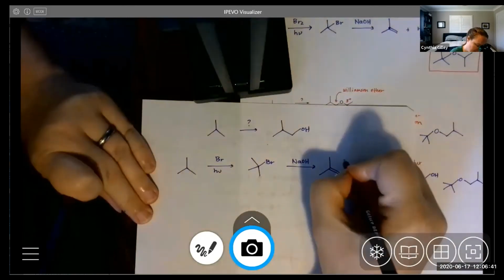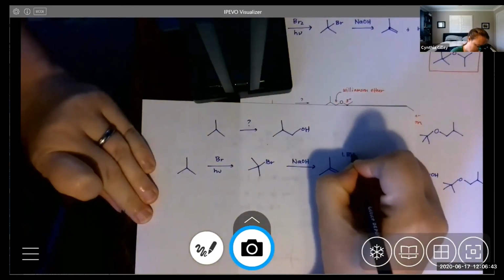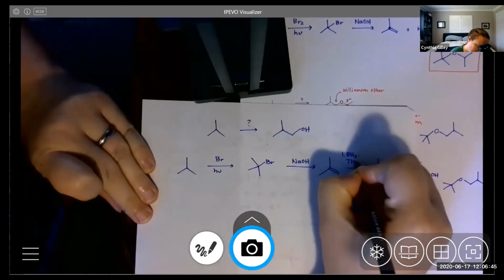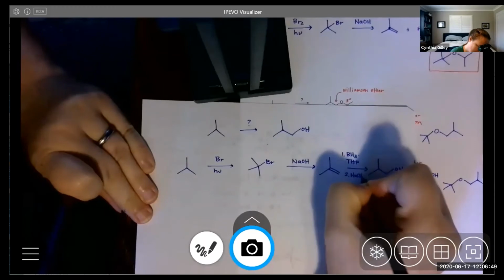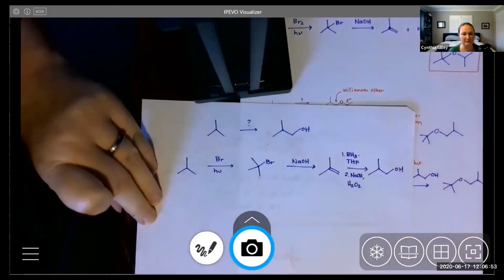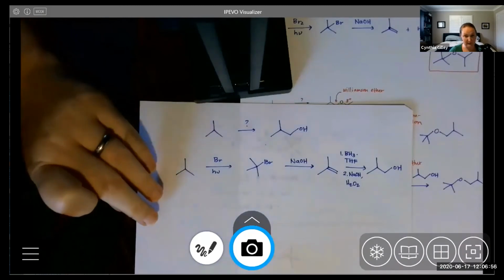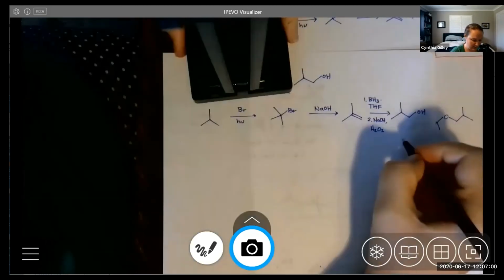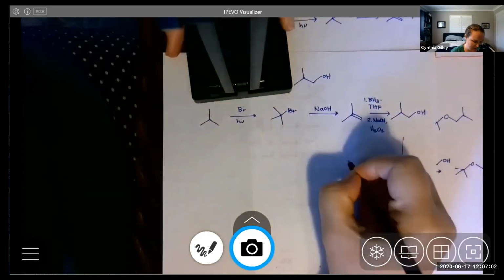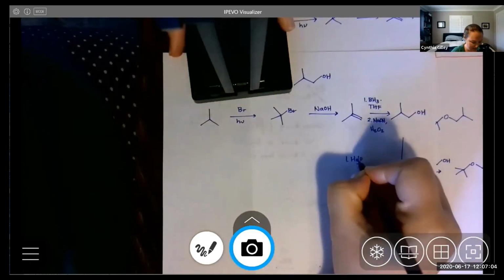So if you remember, to do an anti-Markovnikov hydration, you need BH3 followed by sodium hydroxide and hydrogen peroxide. And then if you wanted from there, you could do your alkoxymercuration with adding the alkene.